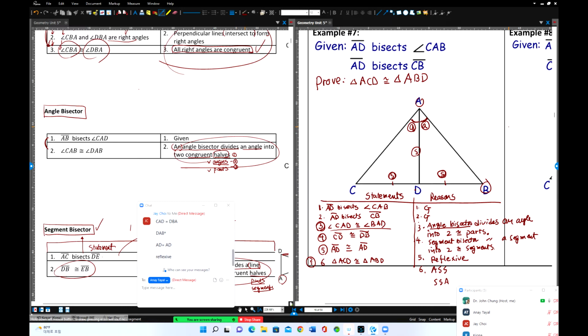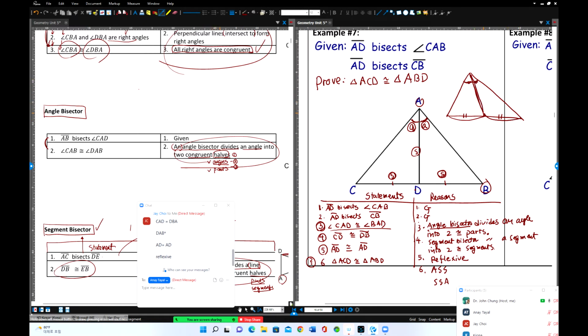Yes? Looks like a right triangle. Maybe you can use this one. This angle is congruent. This is what? Reflexive. And this side is what? The segment bisector, still equal.